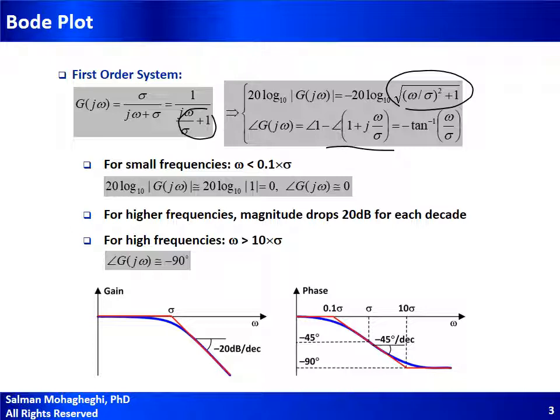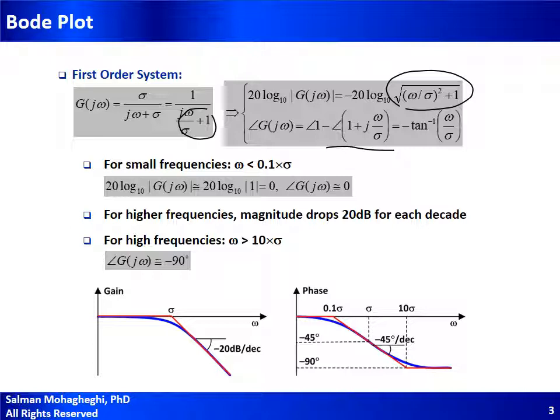For small frequencies, which we assume to be frequencies below 0.1 times sigma, this fraction omega divided by sigma is going to be very small, so I can approximate g of j omega with 1, which means the 20 log of g of j omega is going to be 0, and the angle for the same reason is going to be 0. These are all things that we have discussed before, so I'm just going through it quickly as a refresher.